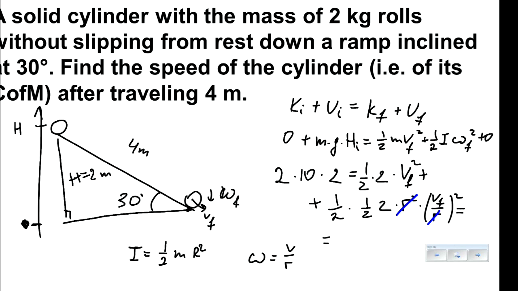So, hence, we have an equation. On one side of the equation, we have 2 times 10 times 2, 40. On another side, we have v final squared plus 1/2 v final squared. And I believe you can solve this equation without my help. I want to believe. And I know you know how to solve it, right?